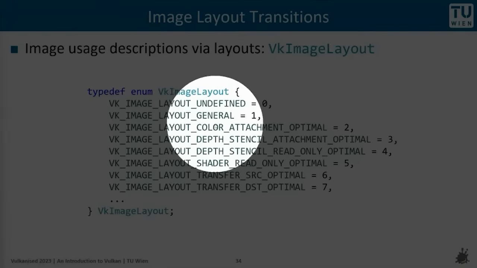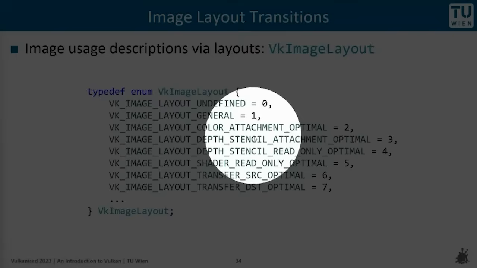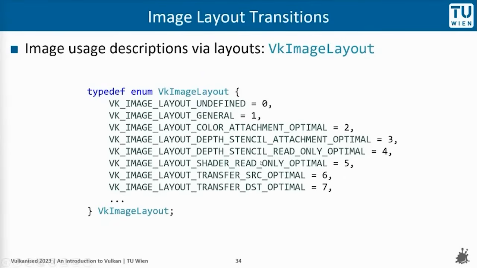Then there is a general layout, a multi-purpose layout, but it's not optimal. And then there are all these optimal layouts, like optimal for a color attachment, optimal for a depth stencil attachment, optimal for transfer source operation, and optimal for a transfer destination operation, which is copy from or copy to. So these are all different layouts, and your driver or your GPU, your hardware vendor, knows how to transform the image so that it is optimal for each of these operations.